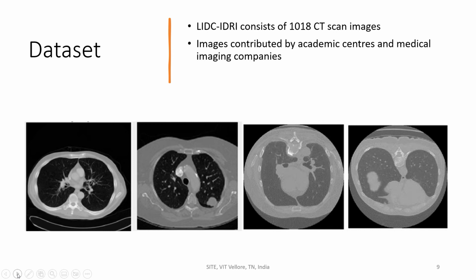This data set is further split into training, validation, and testing dataset, or training and testing dataset, depending upon the algorithm which is being used, or depending upon the way researchers want to continue with the process.